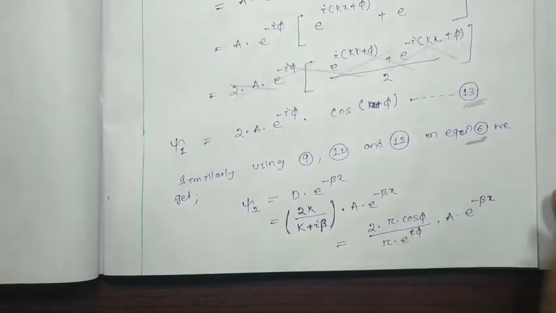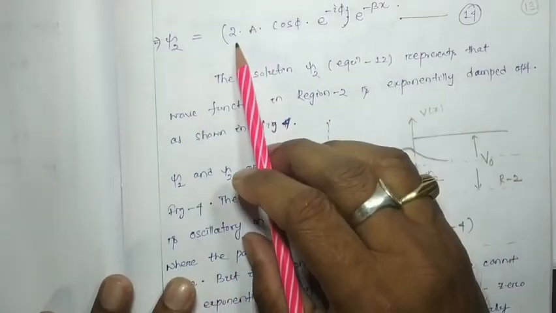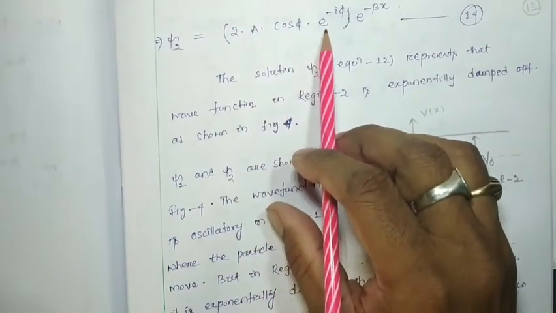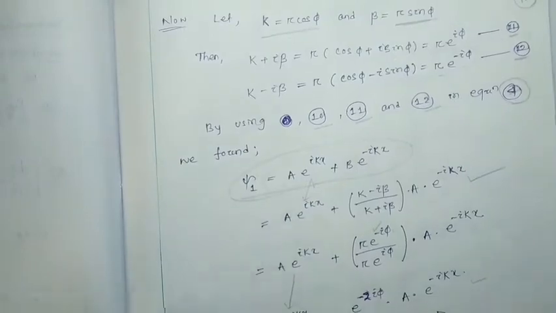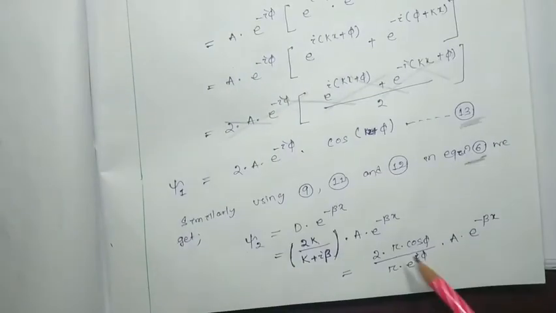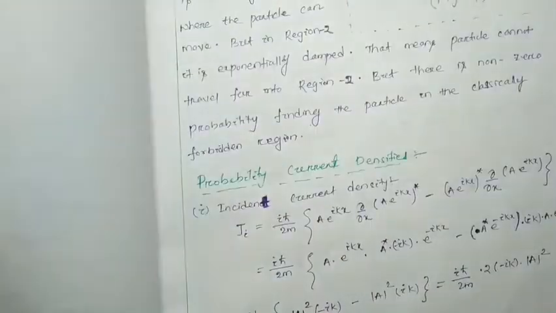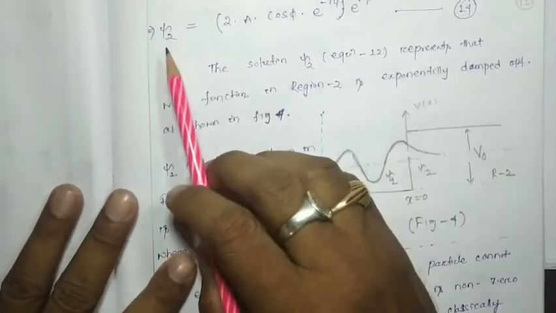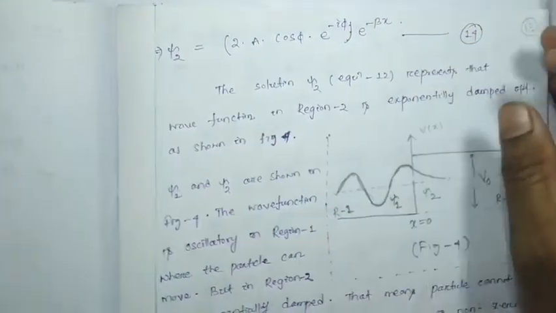Next, r gets cancelled, and we are going to get 2 into a into cos phi into e to the minus i phi into e to the minus beta x. Okay, simple. Here r got cancelled, and the rest of the terms we have written. That is nothing but the final value of psi 2, meaning the wave function in region 2.